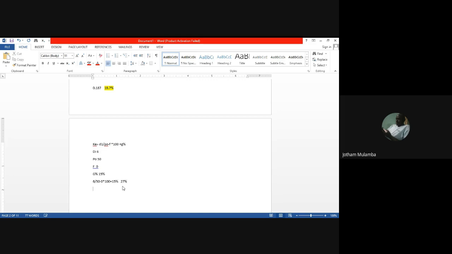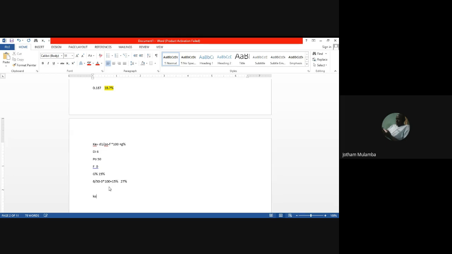So we move on to the second one, the cost of retained earnings. Cost of retained earnings has a formula similar to the cost of equity.